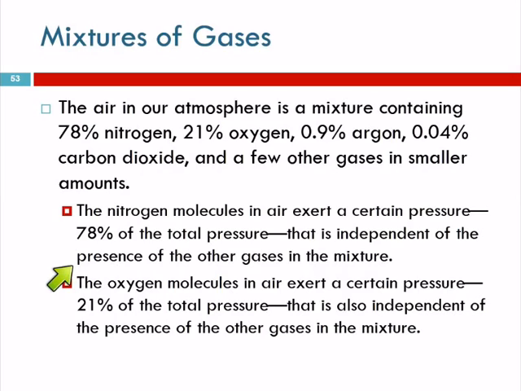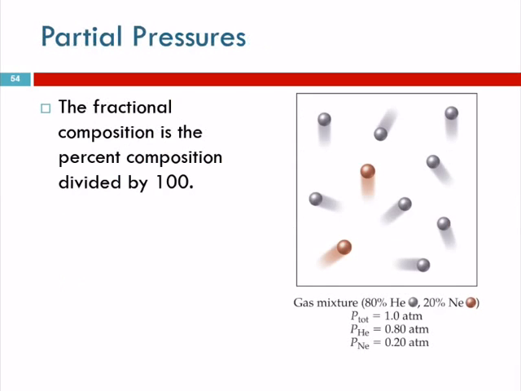And that pressure is independent of the other gases. The nitrogens don't interact with the oxygens. The oxygen molecules exert their own pressure, which corresponds to their percentage of the number of molecules. So the air is 21% oxygen, and 21% of the total pressure is from the oxygen.